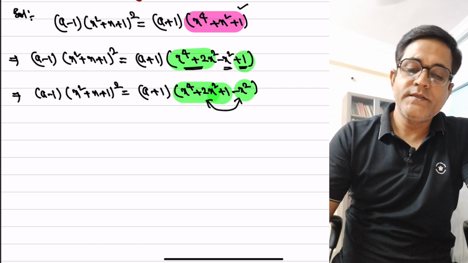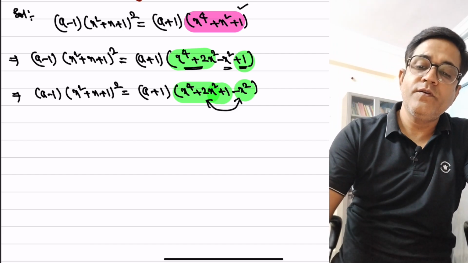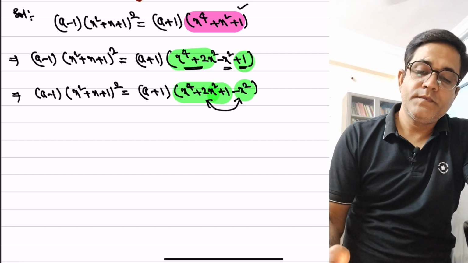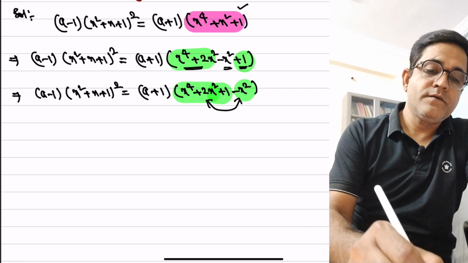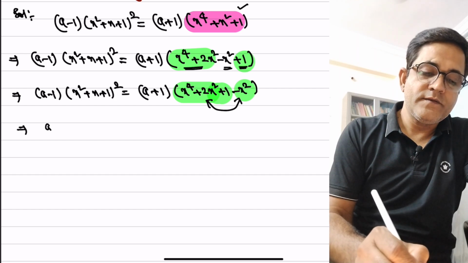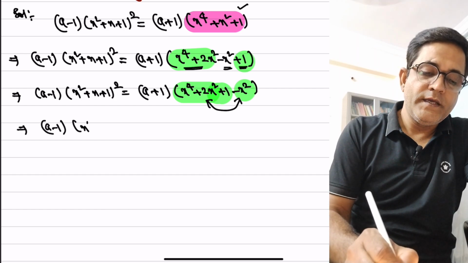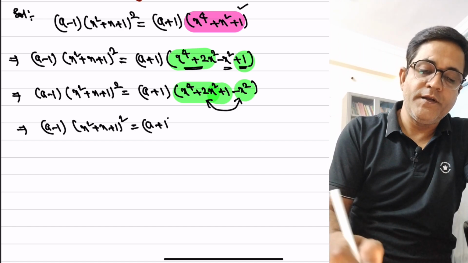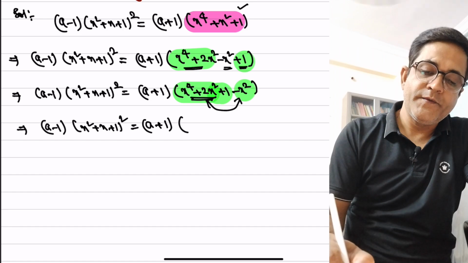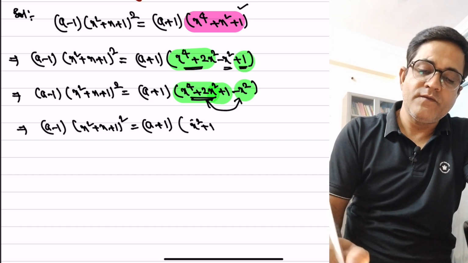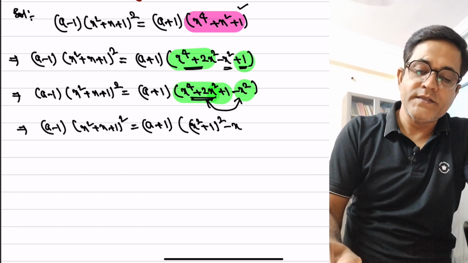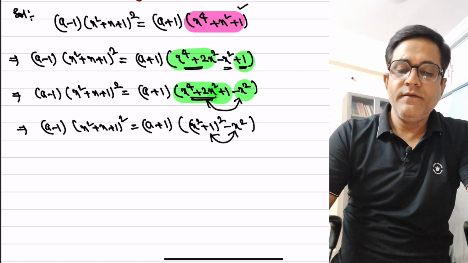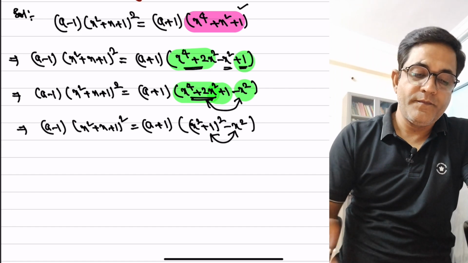This is of the form a² − b². So, (a − 1)(x² + x + 1)² = (a + 1) times, now it is a perfect square actually: (x² + 1)² − x². Now, this can be written in a + b into a − b form.